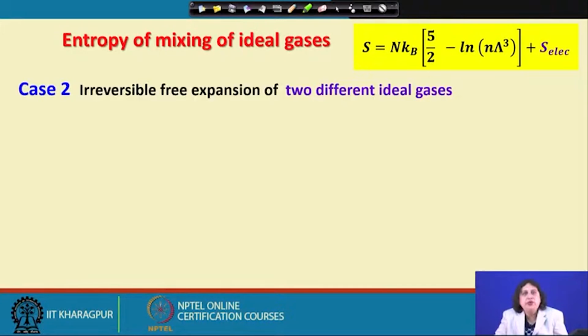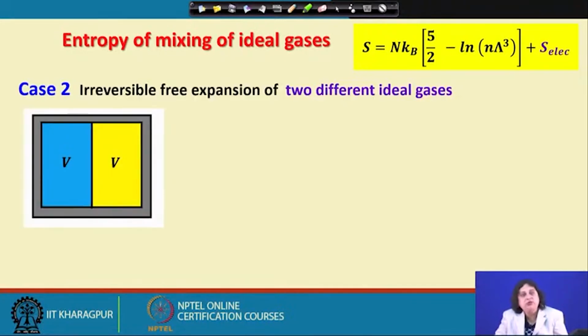Now, if I have two different gases on two sides of the partition, and I withdraw the partition, as far as the yellow gas is concerned, there was no yellow gas on the other side of the partition. So, it is an irreversible free expansion of the yellow gas, just like the irreversible free expansion for the blue gas.